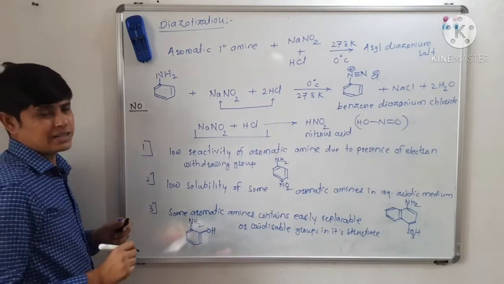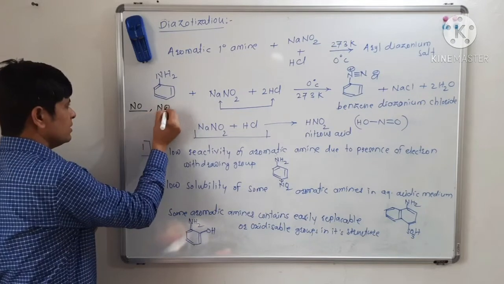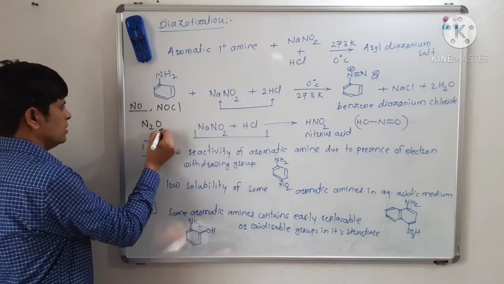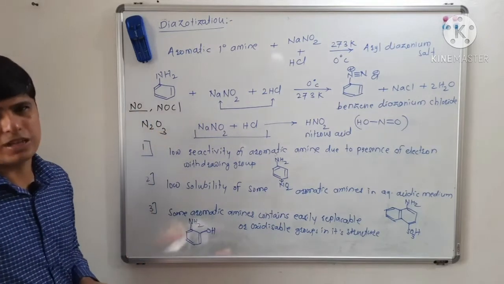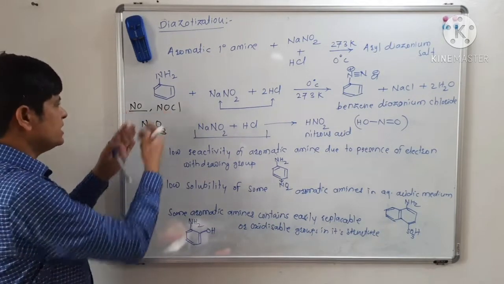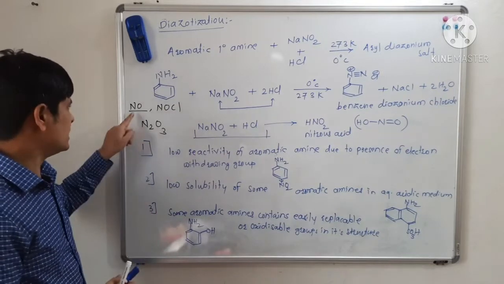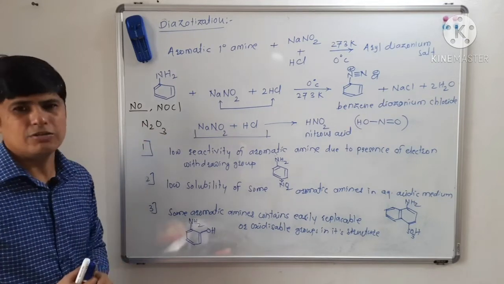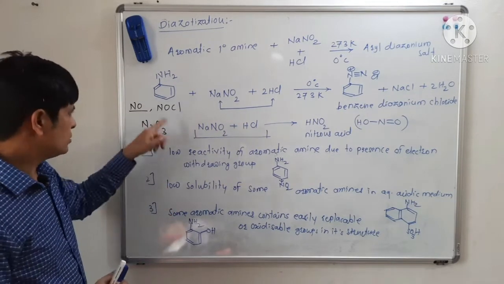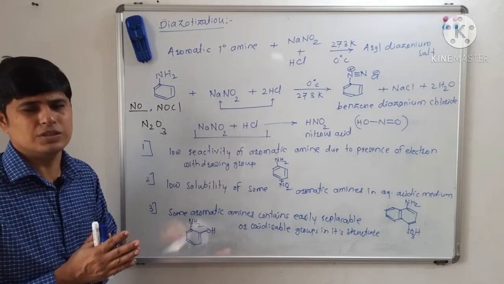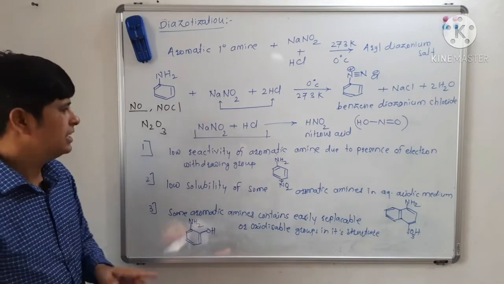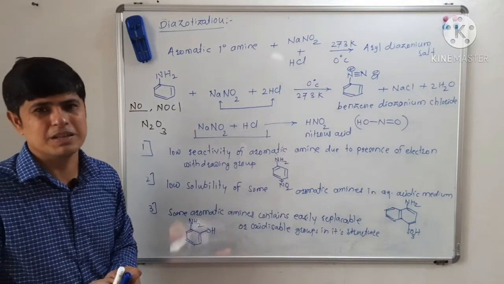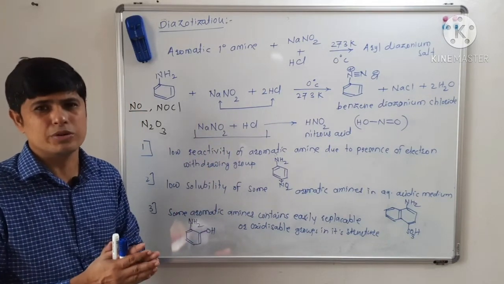Nitrous oxide, nitrosyl chloride and nitrogen trioxide, N2O3. These reagents can also be used in diazotization reaction in place of sodium nitrite and hydrochloric acid.